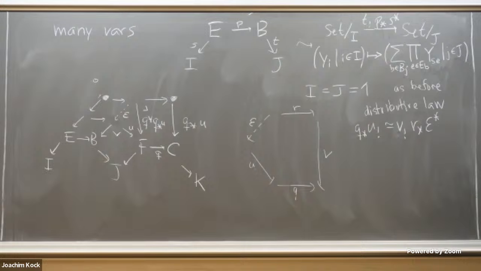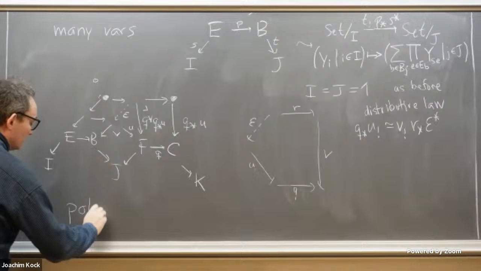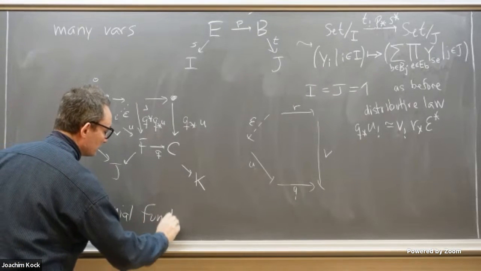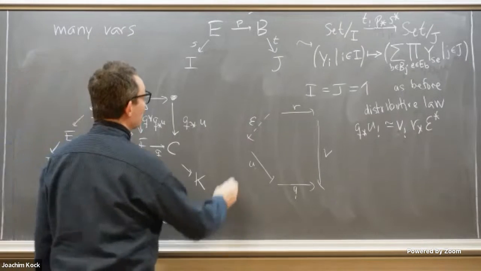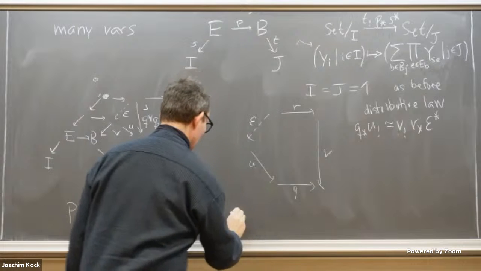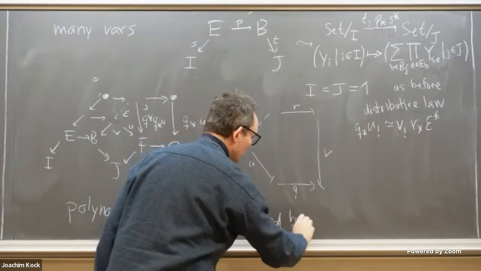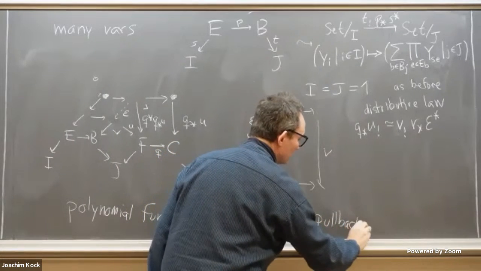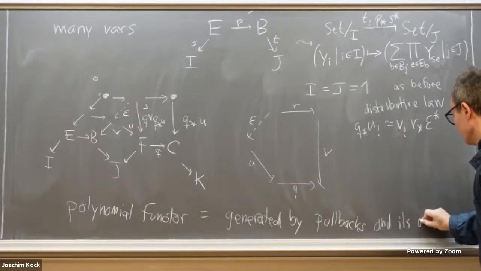This says in particular that a polynomial functor is what you get by, it's generated by pullbacks and its adjoints.